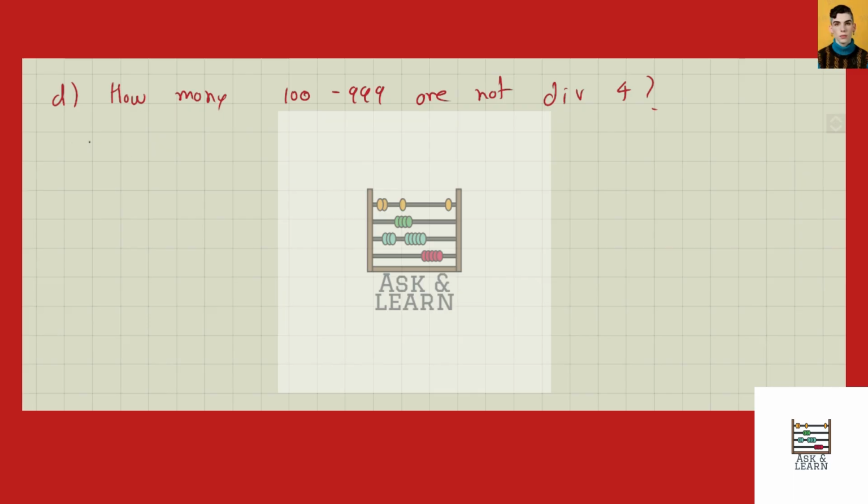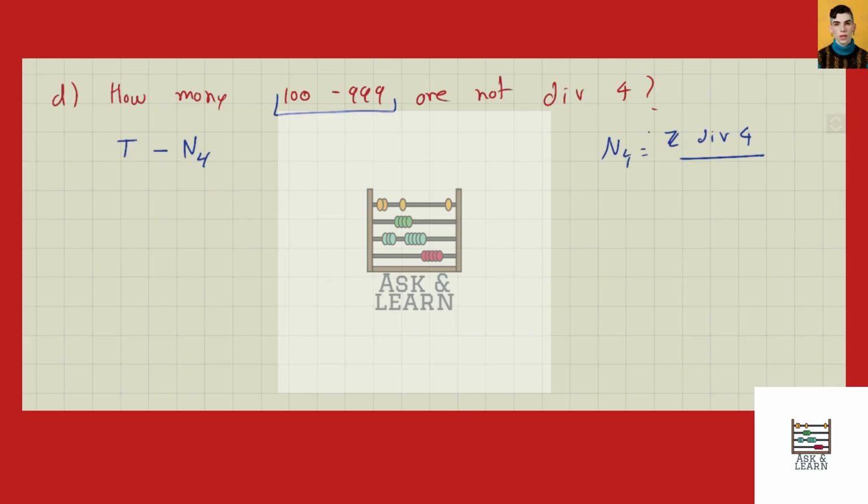Well, first, we need to take the total number of numbers contained in this interval, and remember that the interval is inclusive. And we need the total numbers on that interval minus the numbers that are divisible by 4. So n sub 4 is going to be the number of integers divisible by 4. That's the idea.